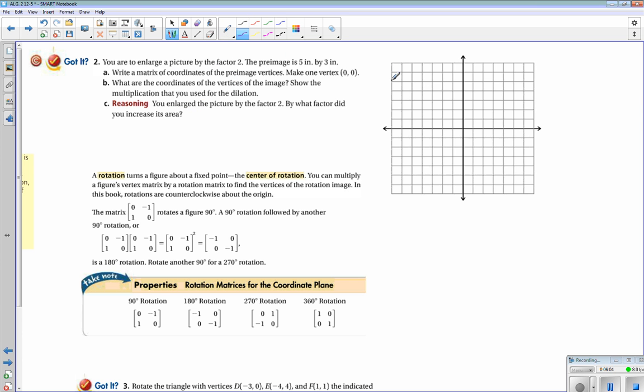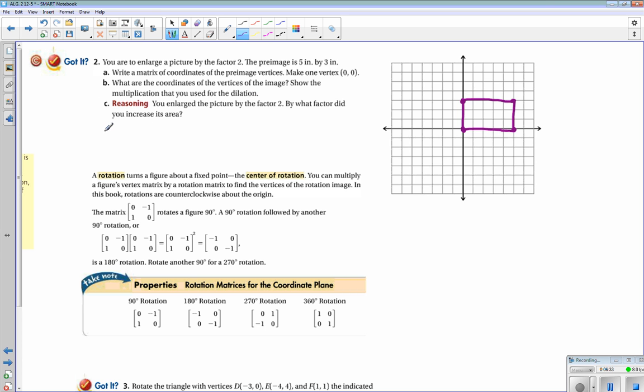So I'm going to put the points on our graph. For sure one vertex is (0, 0). It's a rectangle, so it's 5 inches by 3 inches. So I'm going to go over here, 1, 2, 3, 4, 5, and 1, 2, 3. So here's our original picture, the pre-image.